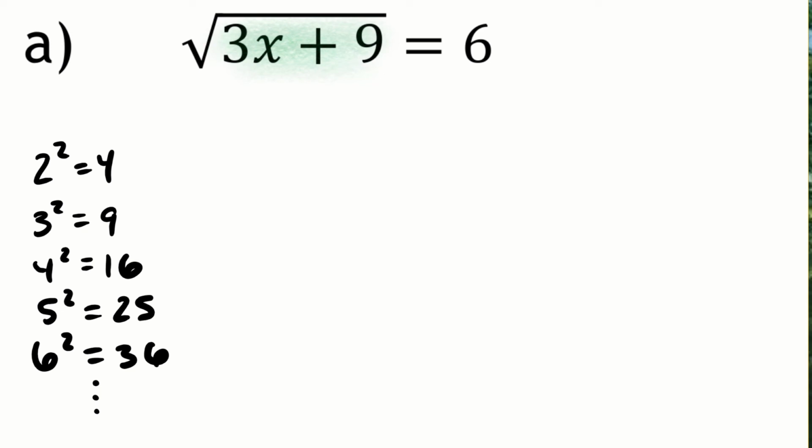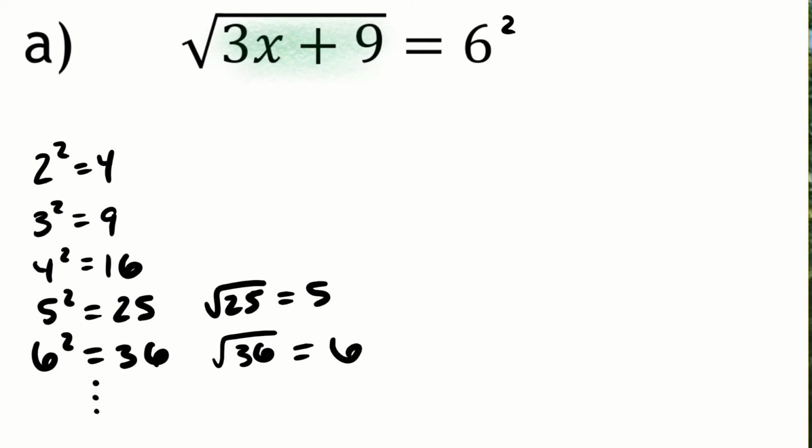So if I was to go the other way, I could say, look, the square root of 36 gives me 6. The square root of 25 gives me the value 5. So if I'm looking at this and I'm like, hey, I don't know what I take the square root of to get the answer of 6, I can just think, well, let me just square that in my mind, right?